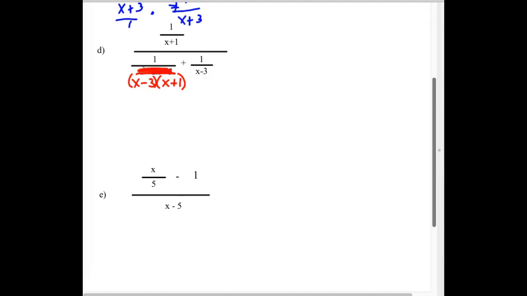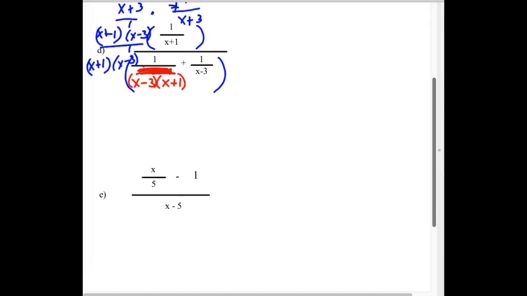We need an x plus 1 and an x minus 3. Yes? We need both of those. All right, so we're going to multiply this whole thing by an x plus 1 and an x minus 3.